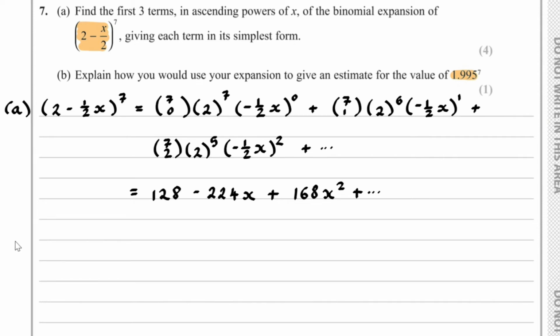And so for part B, we've got 2 minus 1/2 x to the power of 7 equaling 1.995 to the power of 7.